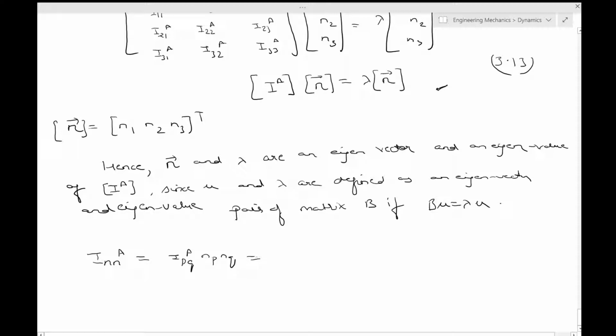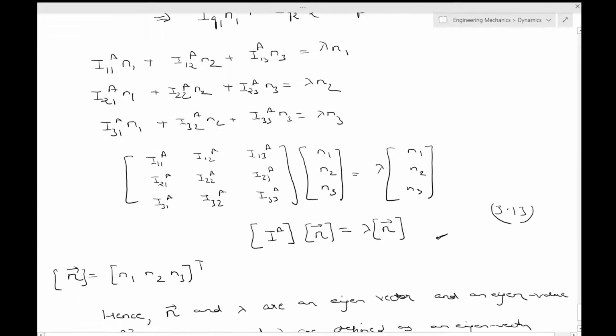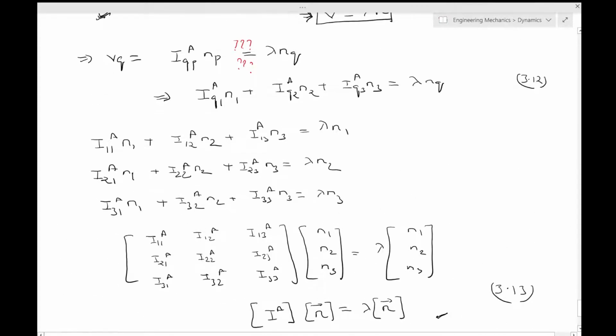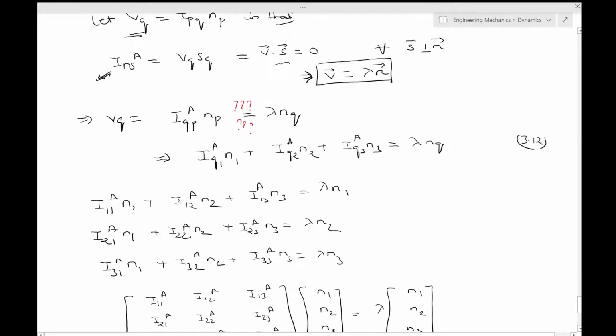Now this value I_pq n_p is actually equal to lambda n_q. So this is I_qp n_p equal to lambda n_q, but this is also I_pq n_p equal to lambda n_q, so this is symmetric.